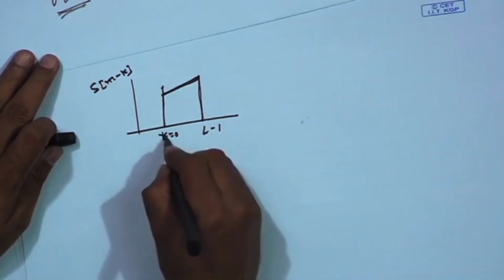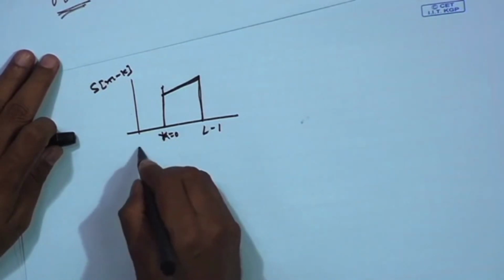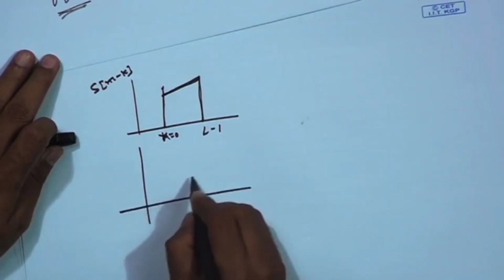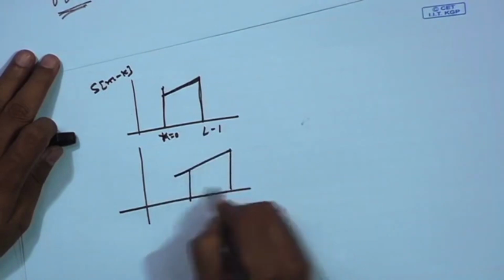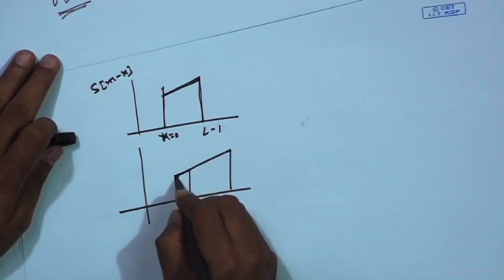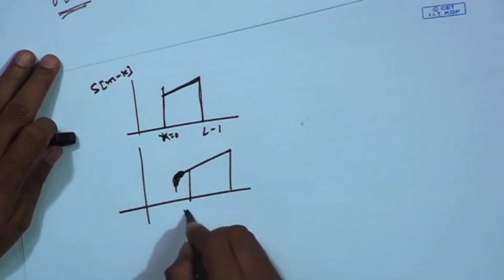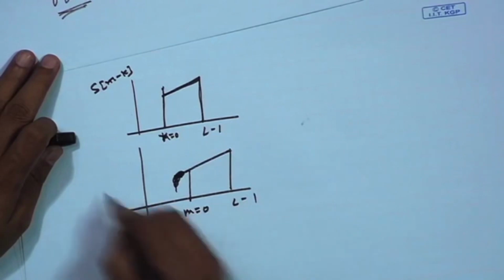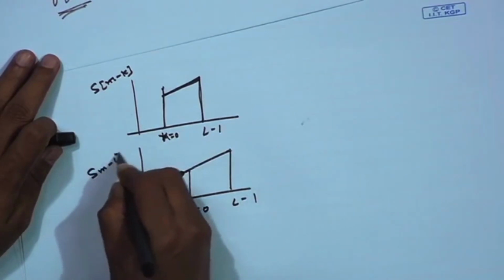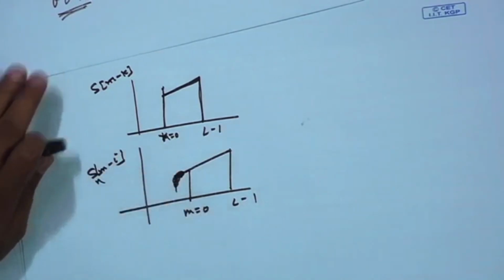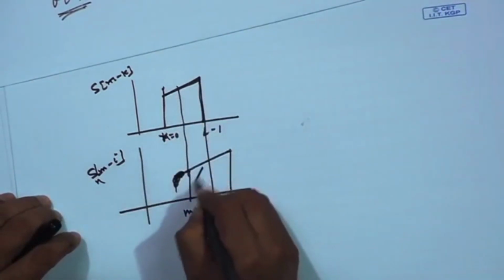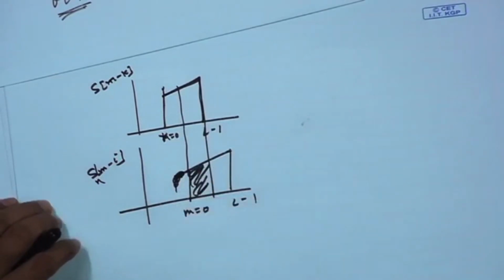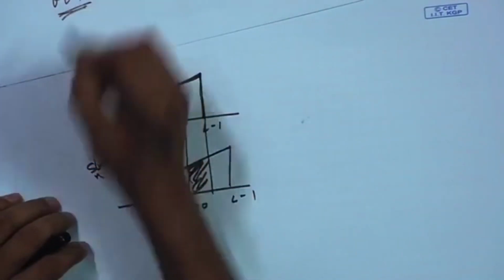Okay, m equal to 0 to L minus 1, and this one is S n m minus i. So, only the overlapping region will contribute to the calculation of the value of phi i k.